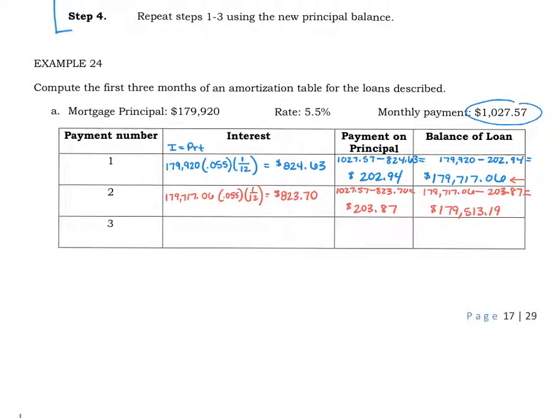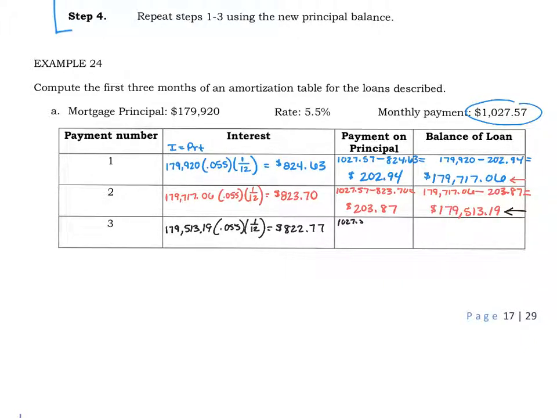So now taking your balance after month 2, this value right here, we've got the $179,513.19 at 5.5% interest, again a 1/12 of a year. And the interest amount should go down again as it did before. We owe a little bit less money now than we did at the end of month 1. So now we only put $822.77 of our monthly payment toward interest.